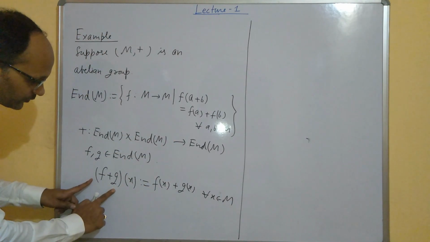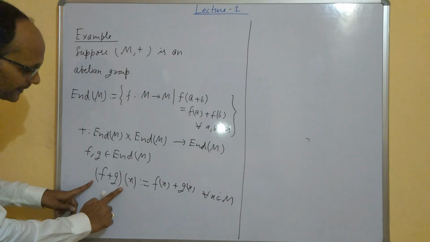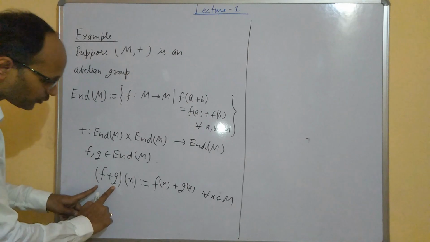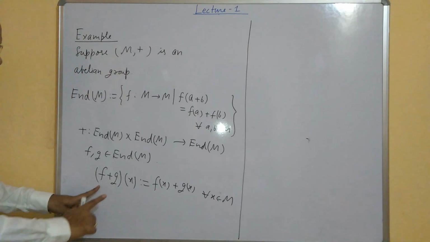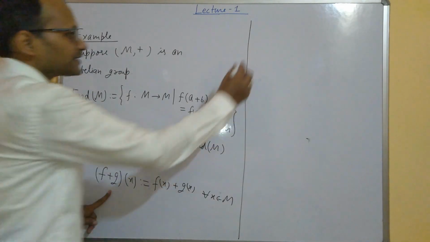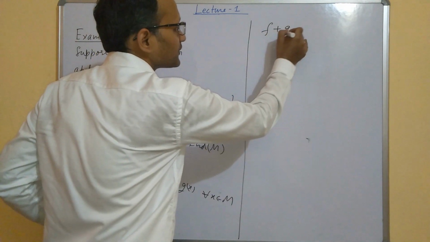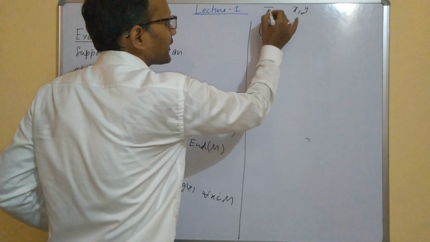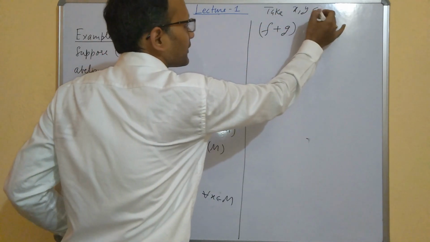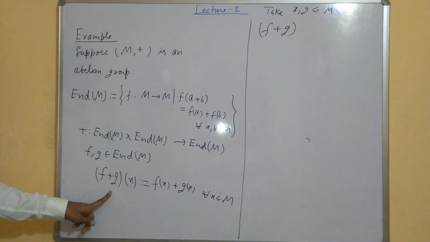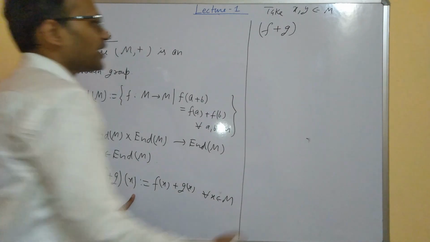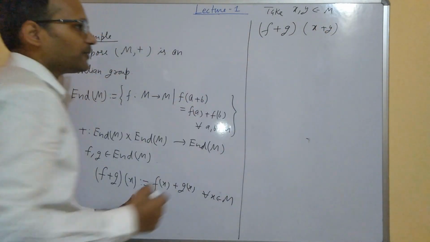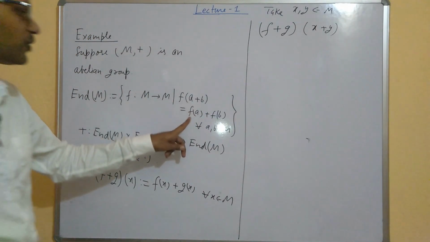We know that the sum of homomorphisms is again a homomorphism. Okay, let us see it. No problem. Suppose I take two elements x, y in M. Then what will happen if we apply x + y to f + g, to show that it is a homomorphism?